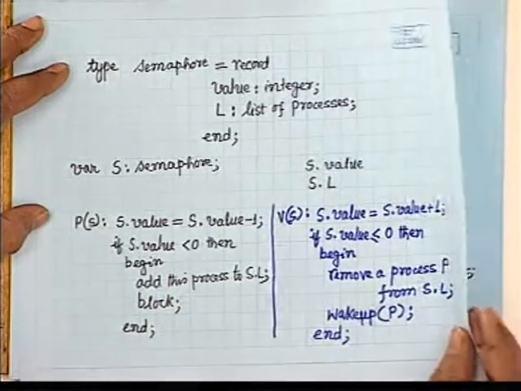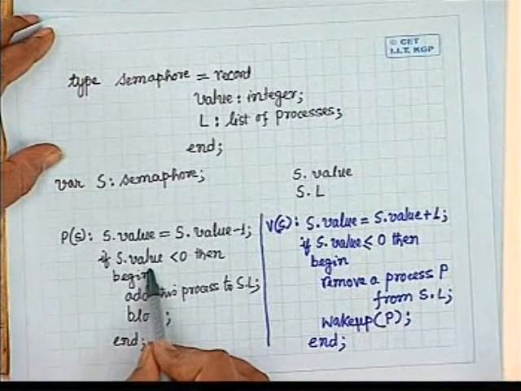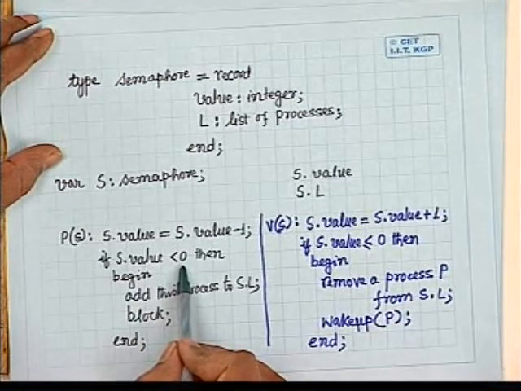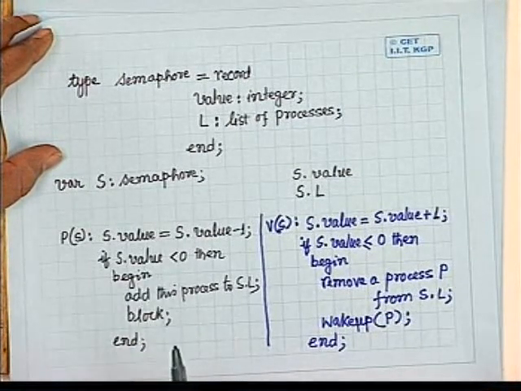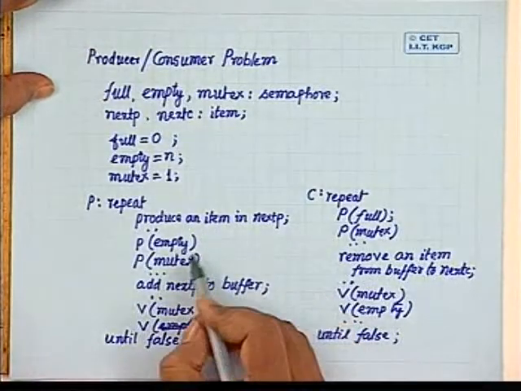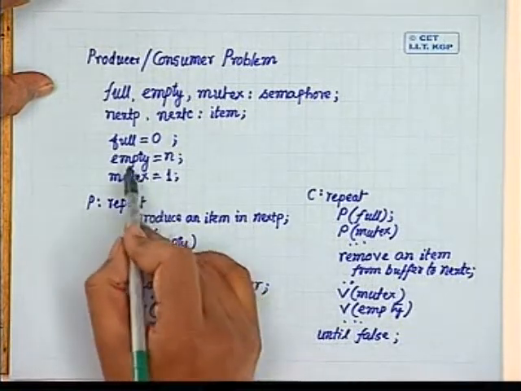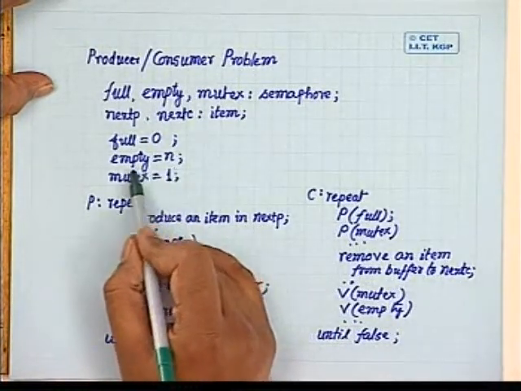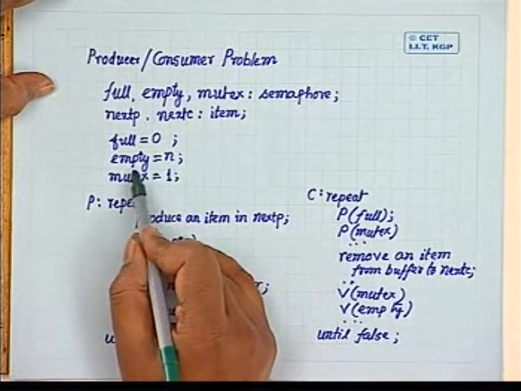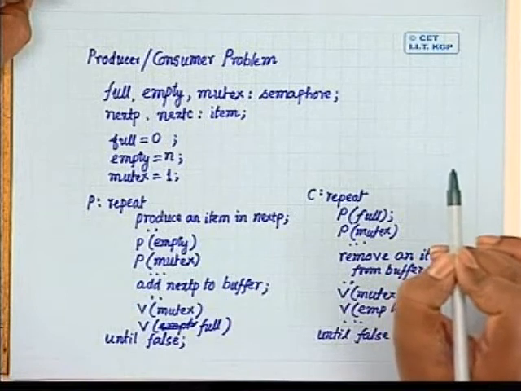And after decrementation, if it finds that the value is less than 0, in that case the process will be blocked. Here also, first the producer process performs this P(empty) operation, and it is quite obvious that the value of this semaphore variable empty indicates how many locations in the buffer are free.